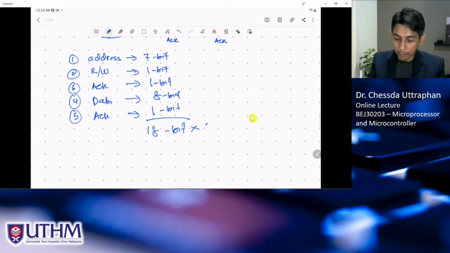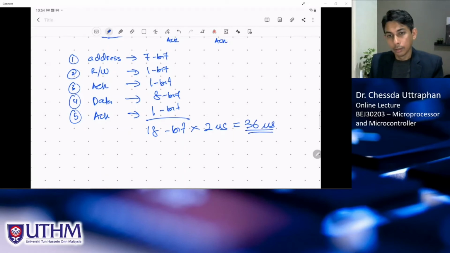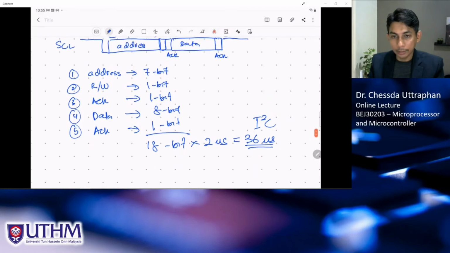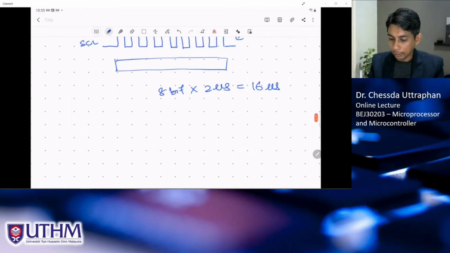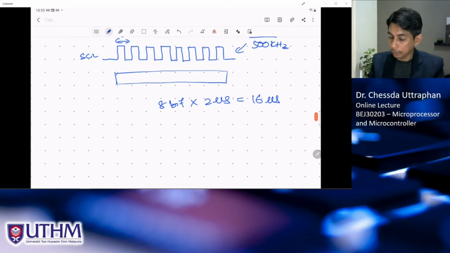1 bit is 2 microseconds, and so the answer is 18 multiplied by 2, so 36 microseconds for the I2C. So we can see that for the I2C, the speed is slower than the SPI, right?